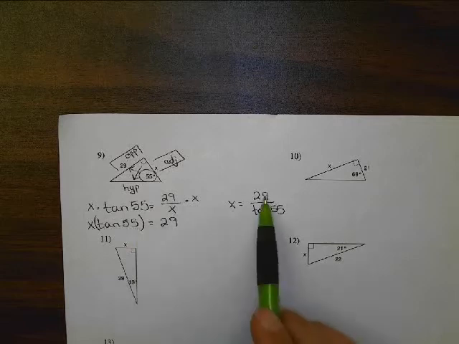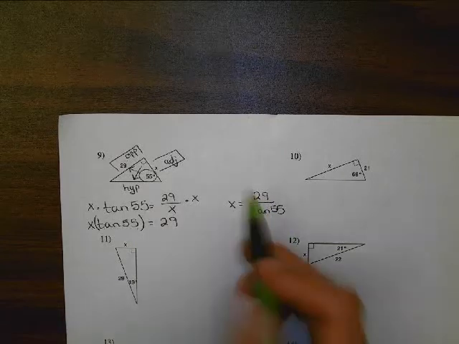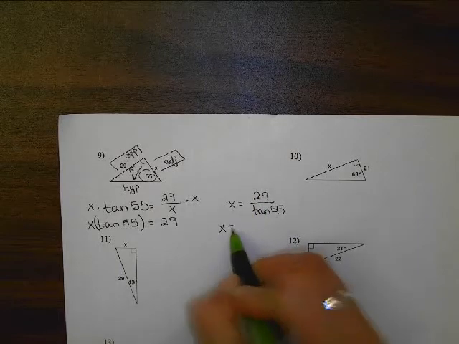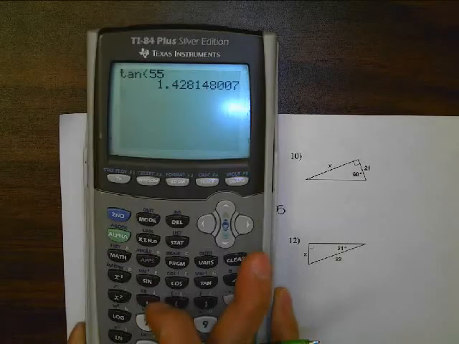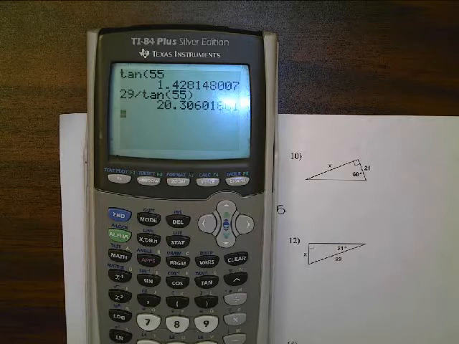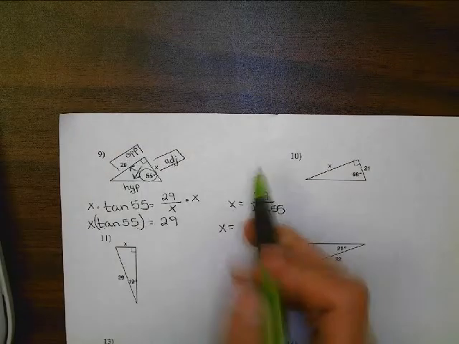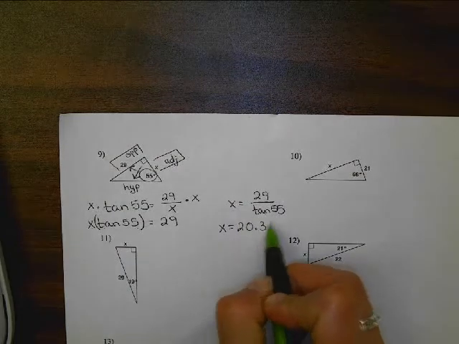But it's definitely faster to just write 29 divided by the tangent of 55. So x equals, I'll punch this in my calculator, 29 divided by the tangent of 55. I get 20.3. So that means that this length x equals 20.3.